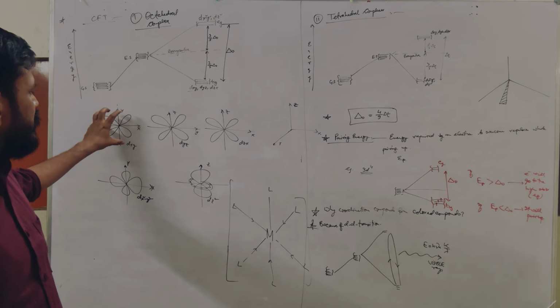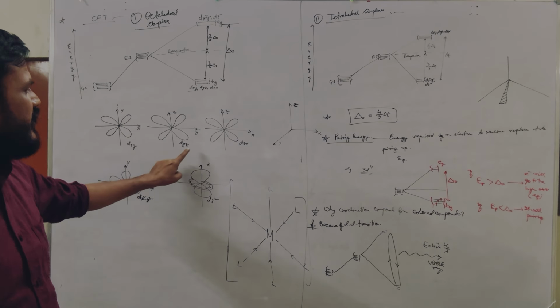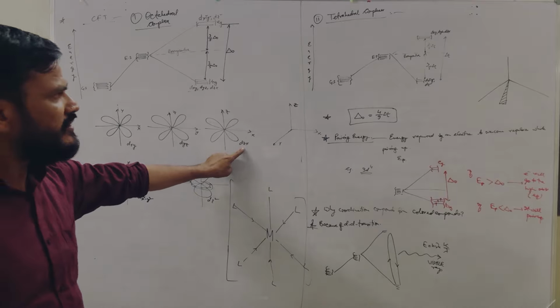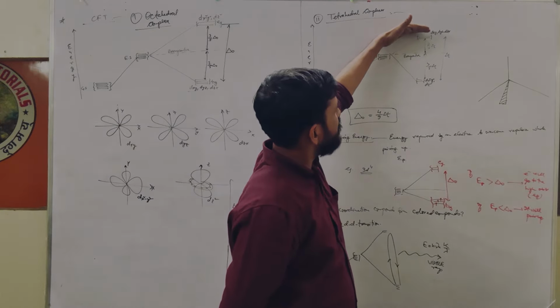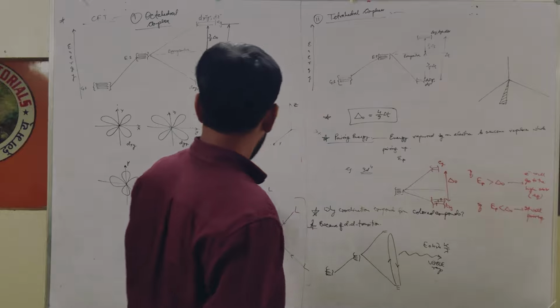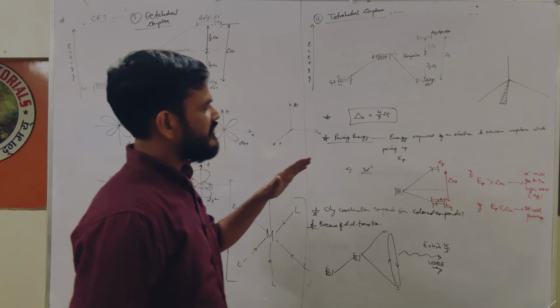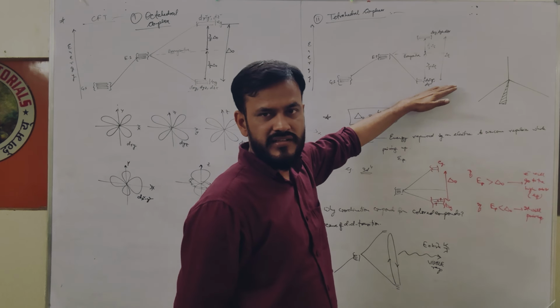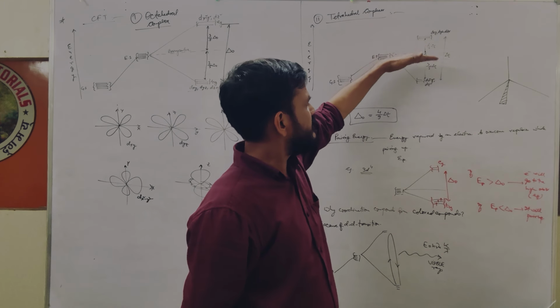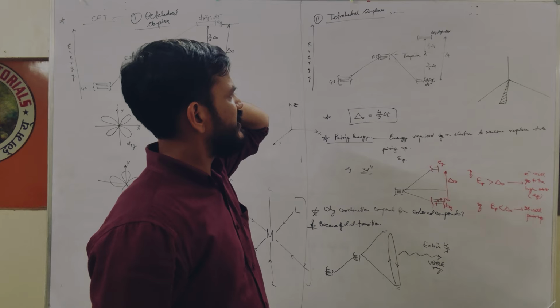So in tetrahedral complexes, these three orbitals get maximum repulsion, so they go to the higher energy level, and the other two, dx square minus y square and dz square, which are on the axis, get less repulsion and are at lower energy level. That's how the splitting takes place.